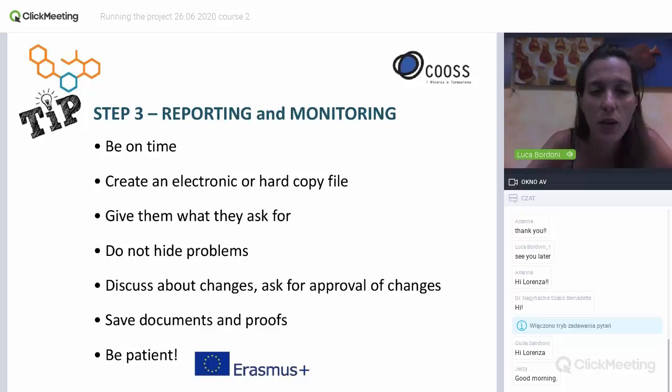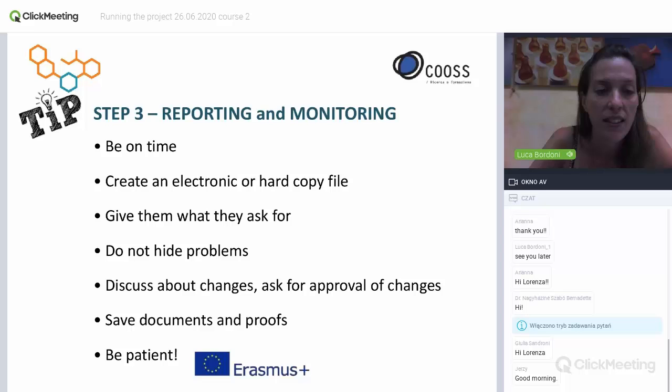Do not hide the problems, because stuff happens, and if, for example, I have a delay in the implementation, the best thing is to communicate it to the authority, not hide this delay, and try together about the possible modification, about the possible changes, for example, in the timeline, and for sure they will approve. Ask them for this approval through an email, something written that may be a sort of document, a proof, and save all these proofs.